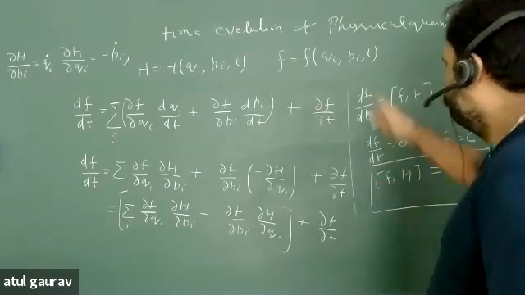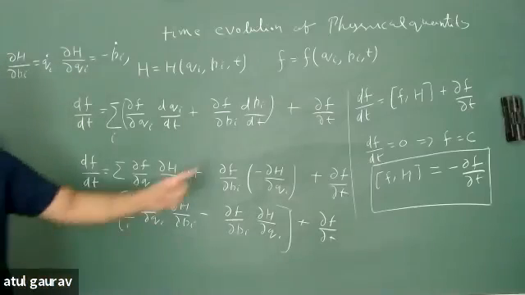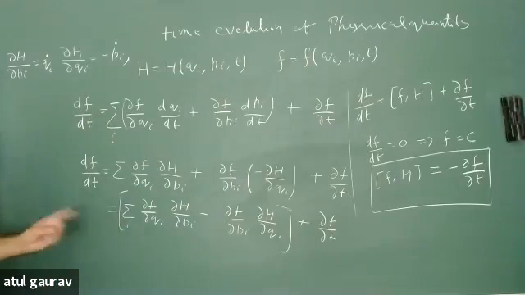Only if this holds will f be identified as a constant of motion. You can have this particular frame. If you have any doubt, you can ask me. Then we will go to the next level.